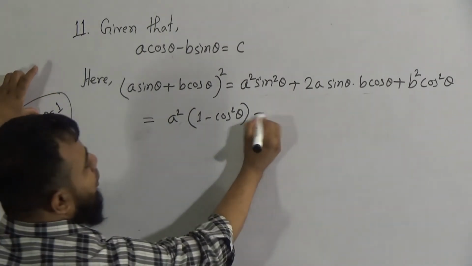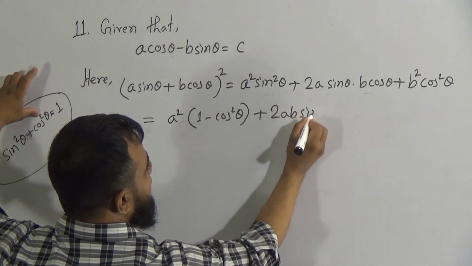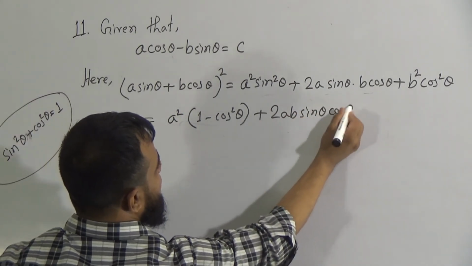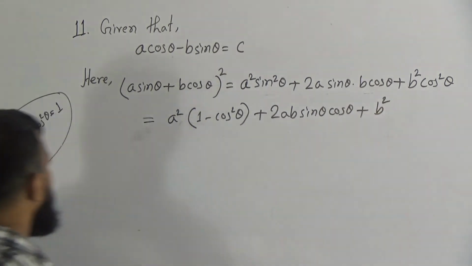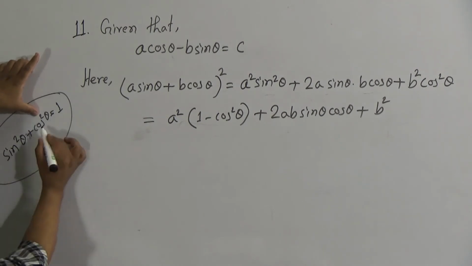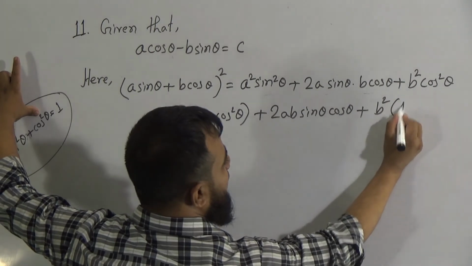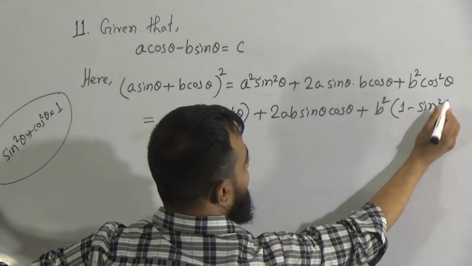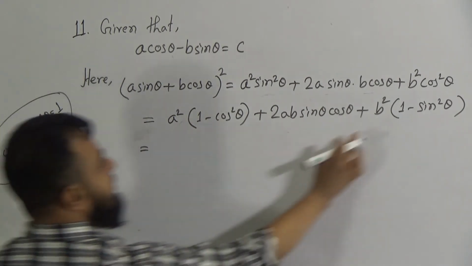Got it? Okay, now it's 2a into b sin theta cos theta, plus b square cos square theta. The value of cos square theta is what? From this formula, we can write cos square theta equal to 1 minus sin square theta. So write down, it will be 1 minus sin square theta. Now multiply this a square with this one and this b square with this one.